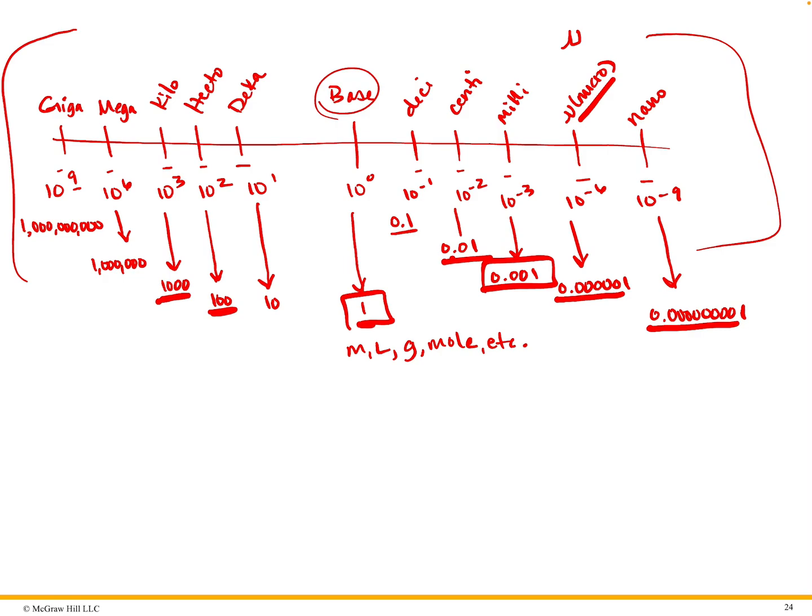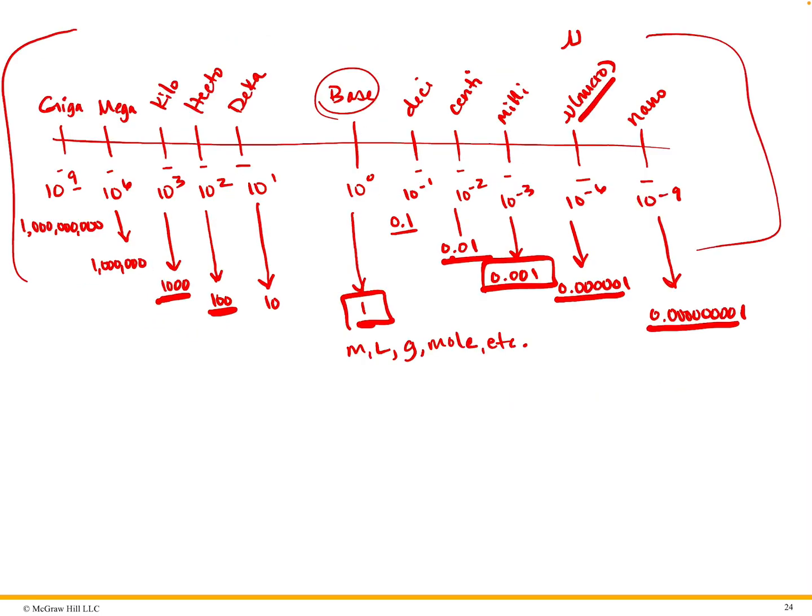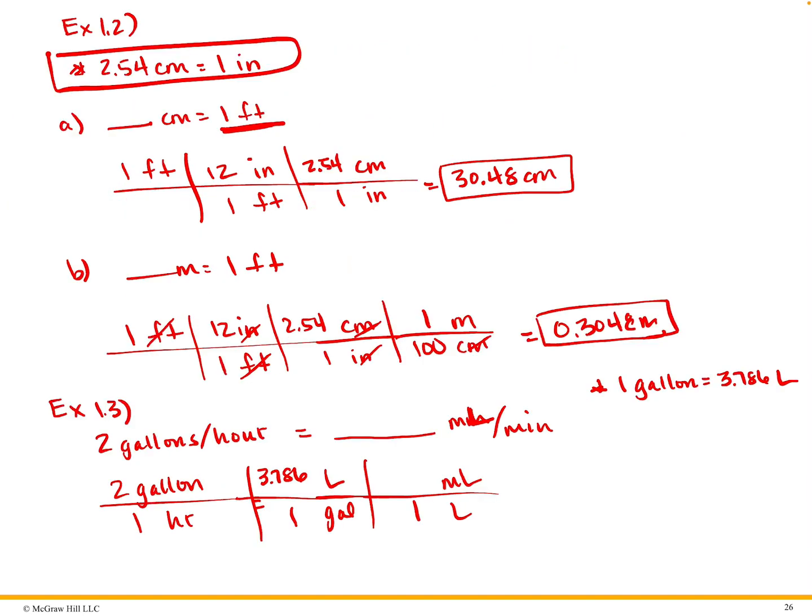Which one's bigger? The liter is, right? So the bigger one always gets a 1. And how many milliliters are there in a liter? You take that number and flip it and pretend like the decimal's not there. So that would be 1,000. That gets rid of gallons and liters, and that leaves us with milliliters per minute.